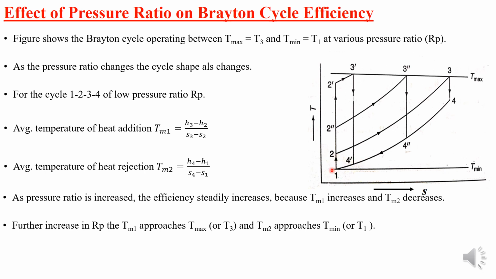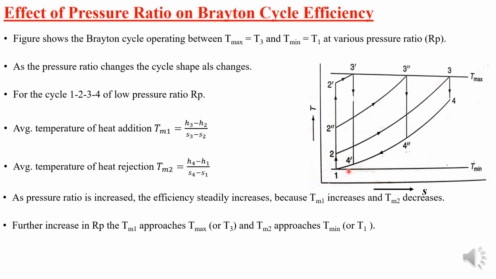You can't go beyond that. T4 will become T1. That is the maximum temperature and minimum temperature, and till that you can increase or decrease your heat addition and heat rejection process.